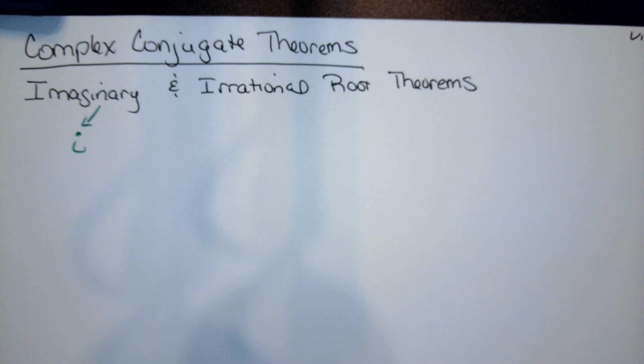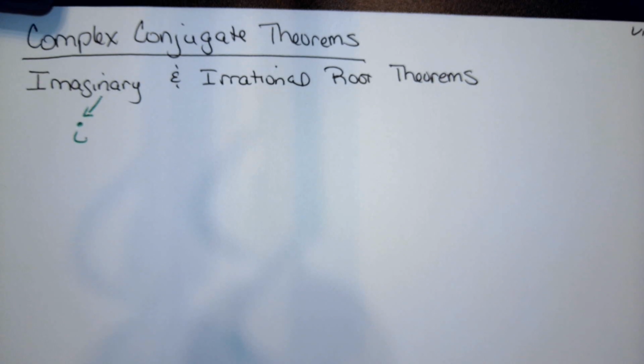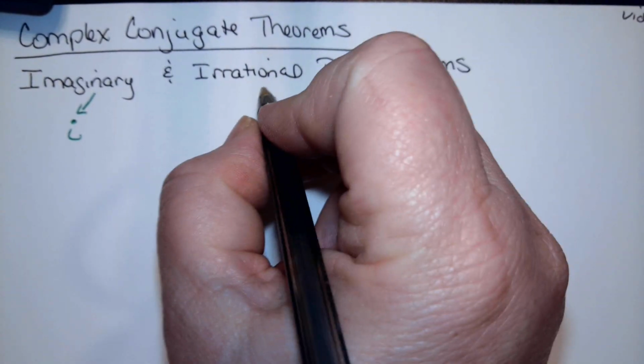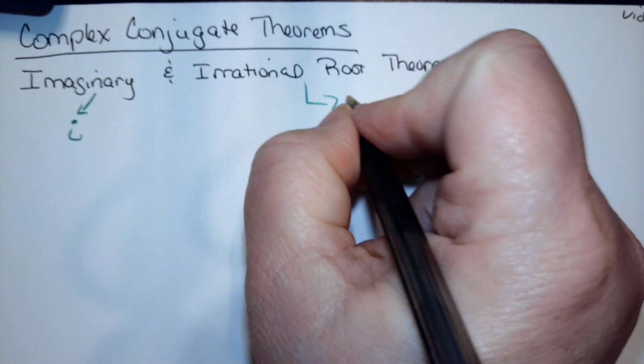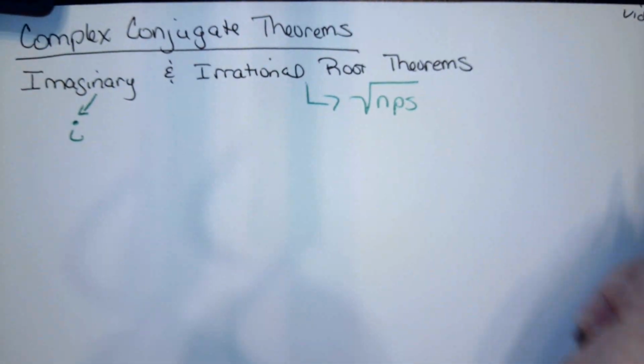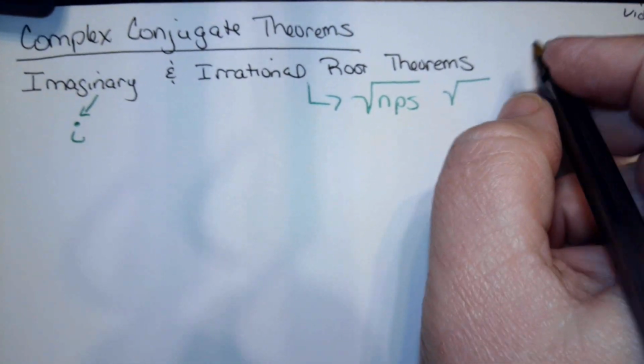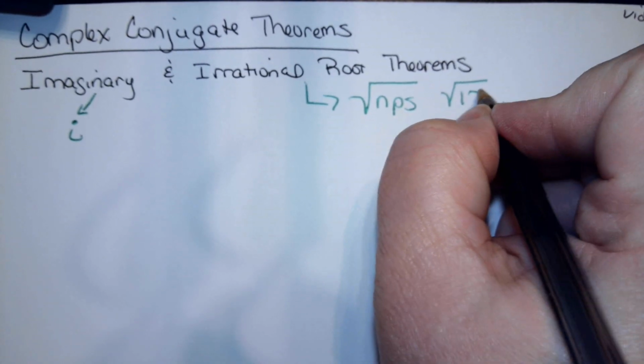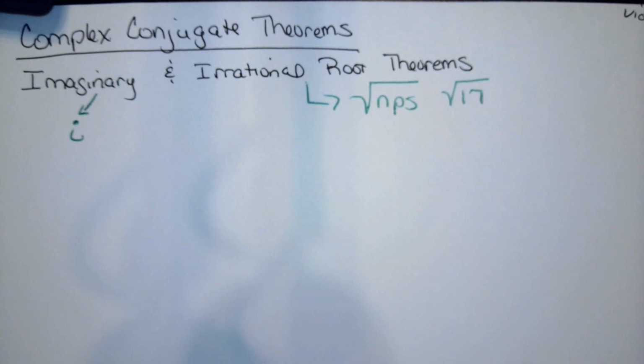It keeps going on forever, but with no pattern whatsoever. For the irrational, you're going to have a square root basically of a non-perfect square. Something like the square root of, let's do 17. That would be an irrational answer.